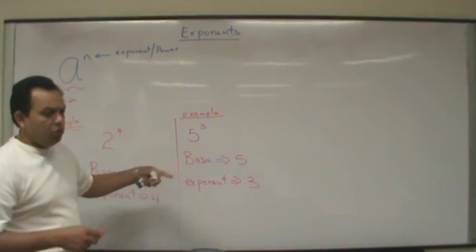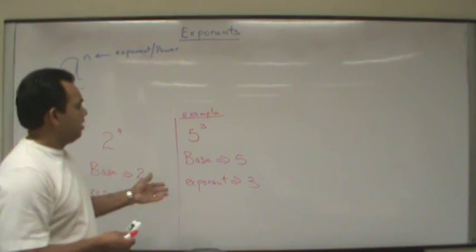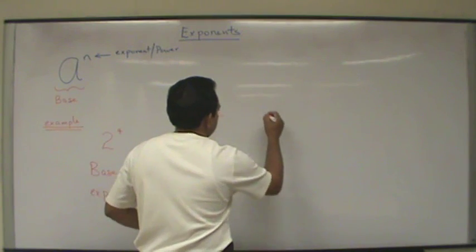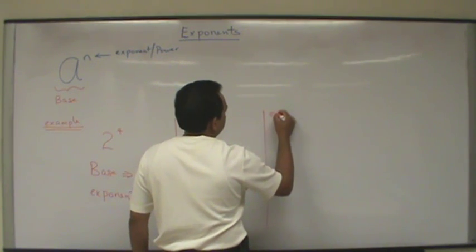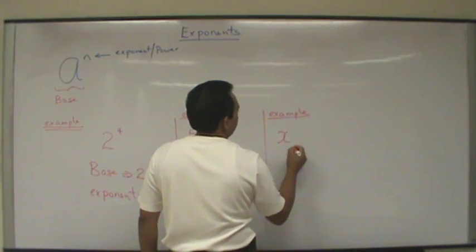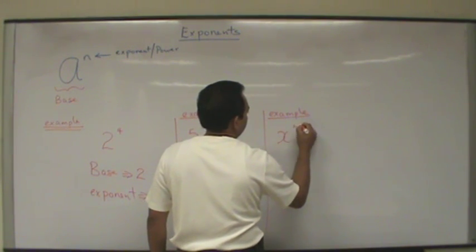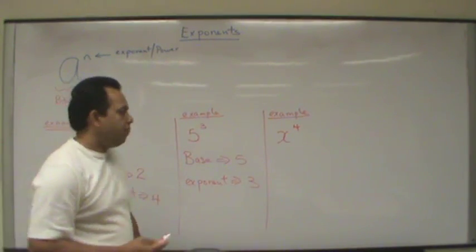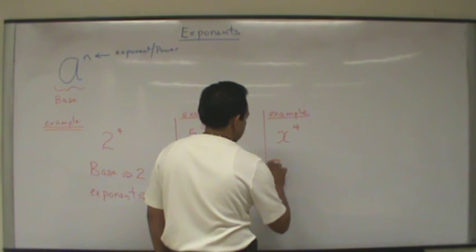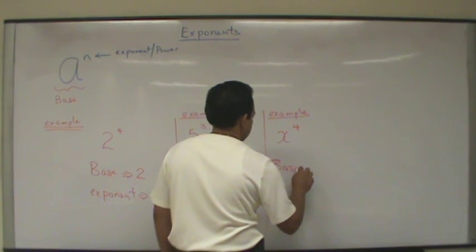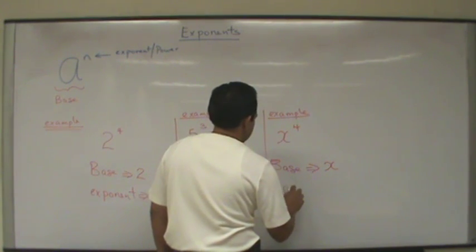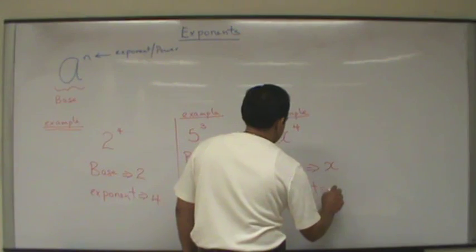Now the base, as you will learn later in higher level math courses, could be a letter, could be a variable. For example, if I have x raised to the 4th power, the base here is x, and the exponent is 4.